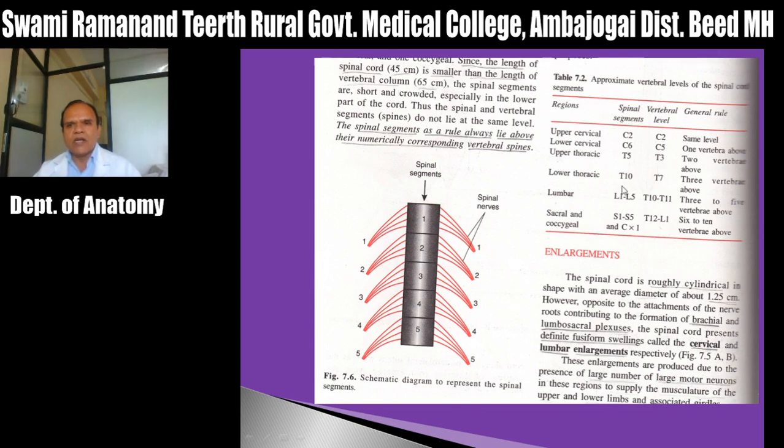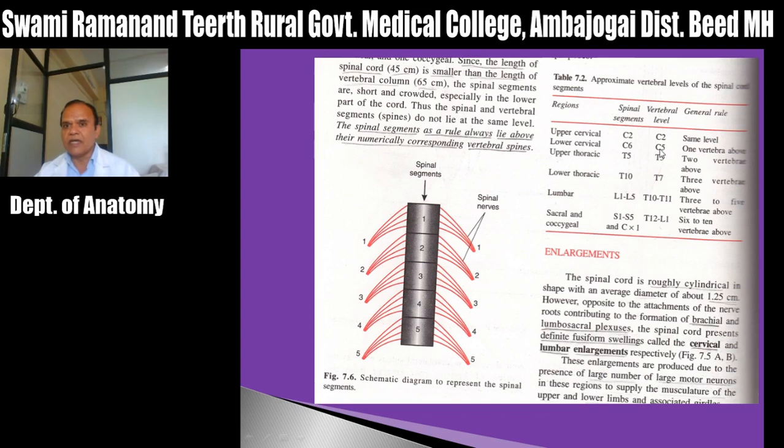The spinal cord ends at the level of L1, but the spinal segments are all together emerging at the coccyx level. So overall, up to the C8 level, we have to add 1 in order to calculate the vertebra and spinal segment.